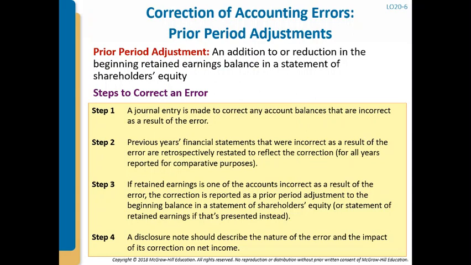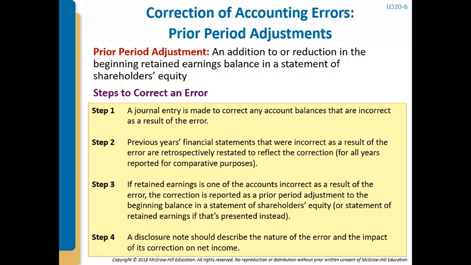All right, so as far as errors are concerned, since the general rule is that you retrospectively restate financials, we're going to take this in a step approach. So an addition or reduction in beginning retained earnings balance in a statement of shareholders' equity is the situation here.